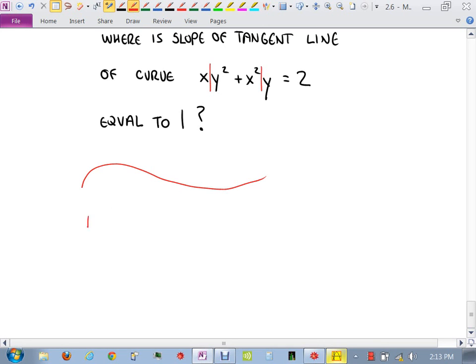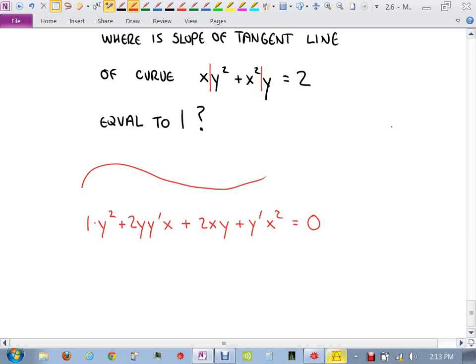So 1 times y squared plus 2y y prime x plus 2x y plus y prime x squared equals 0. There's your derivative. Everyone agree with that?